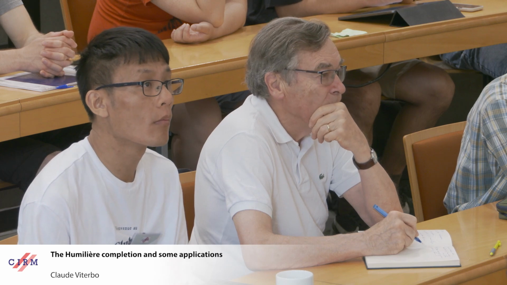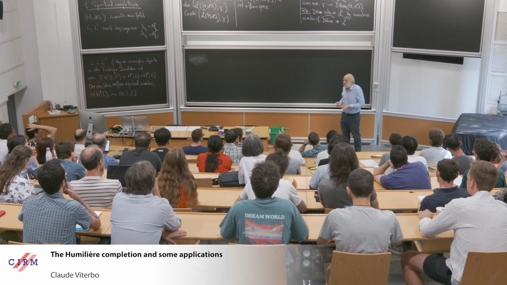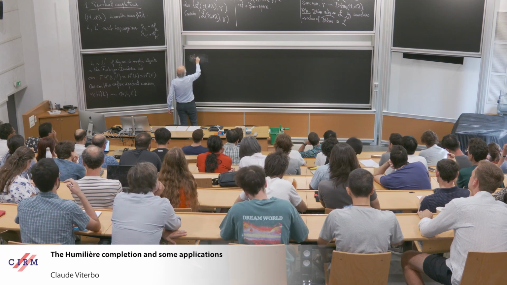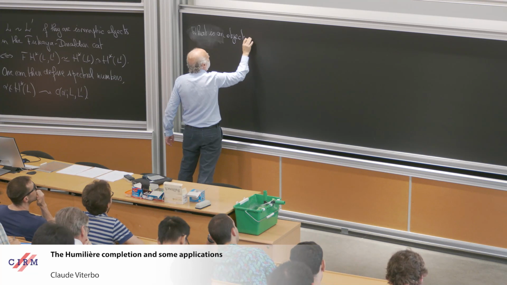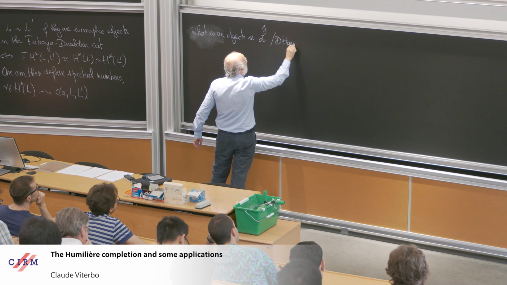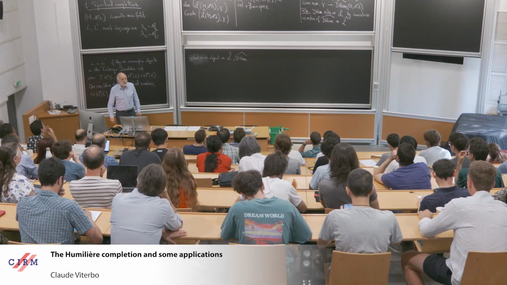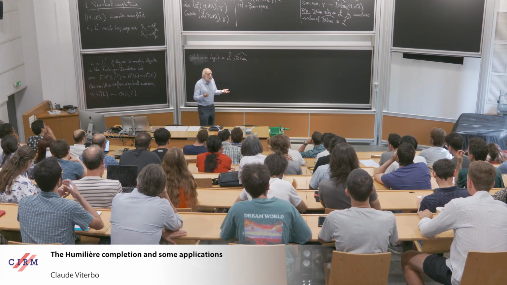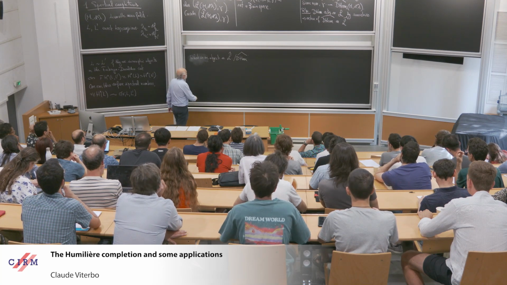There's something which is deeply unsatisfactory with this: what is an object in L hat, or in d ham hat? Well, by definition, it's a Cauchy sequence of Lagrangians or a Cauchy sequence of Hamiltonians, and that's it.